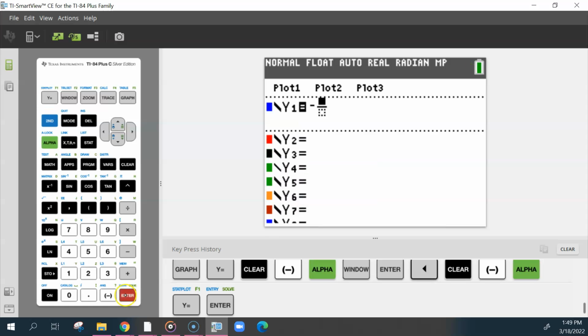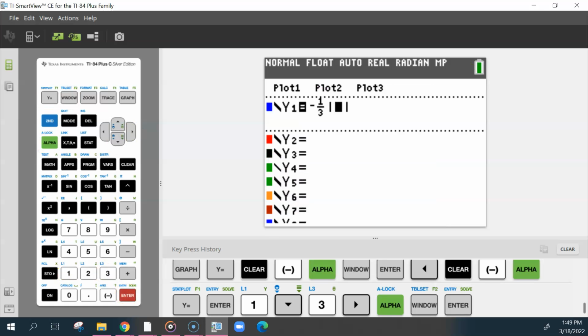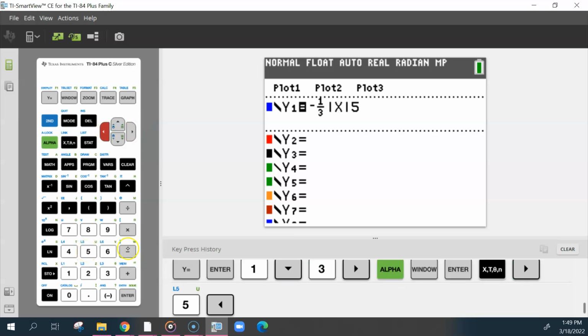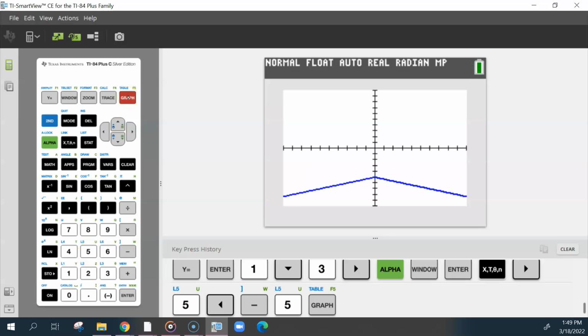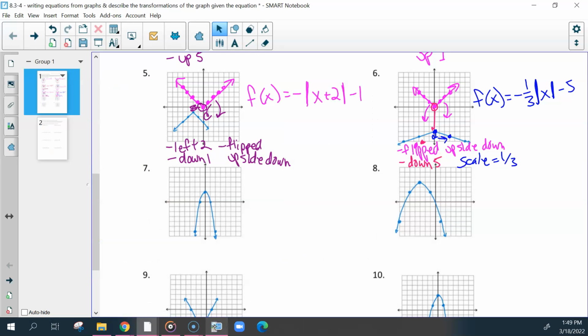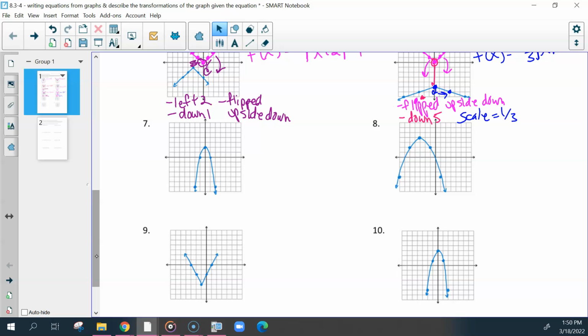Negative 1/3 times the absolute value of x minus 5. There we go. Graph. And look at that. It matches. Absolute value is really easy to find the scale factor for because you can count the slope. Quadratics are a little bit tougher, but I'm going to show you what happens.